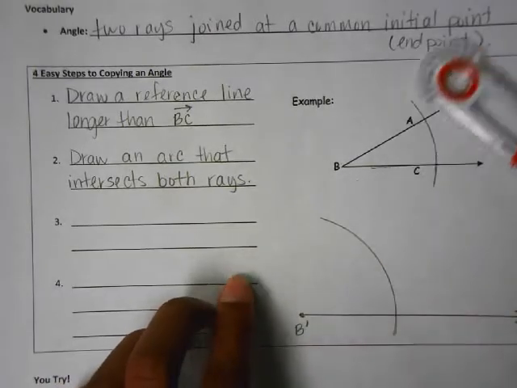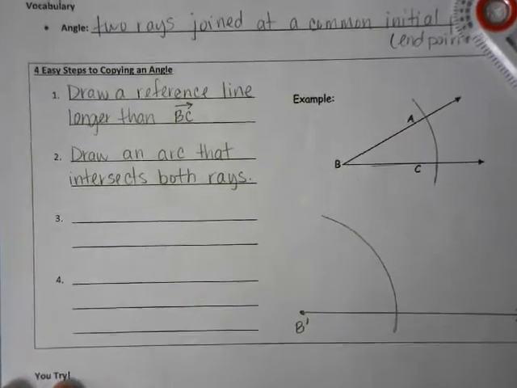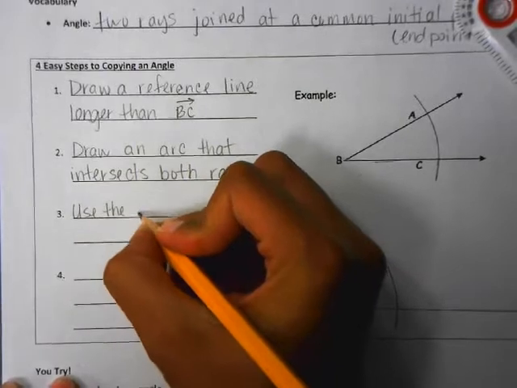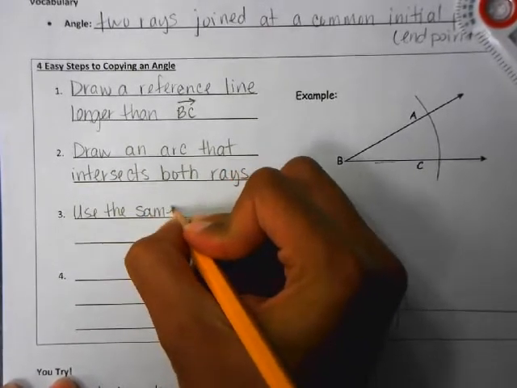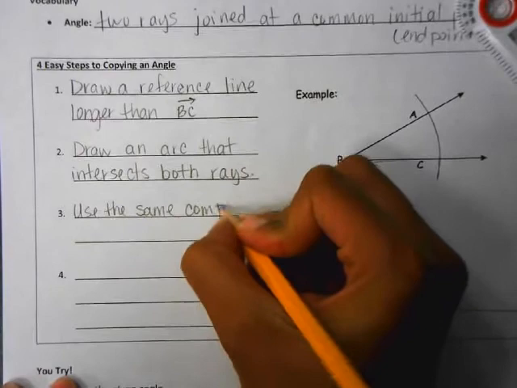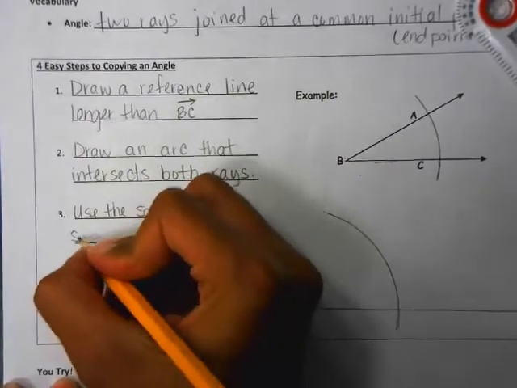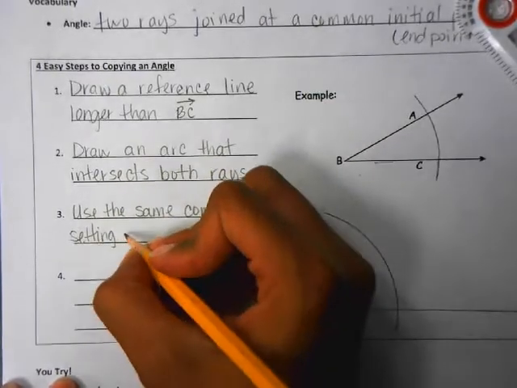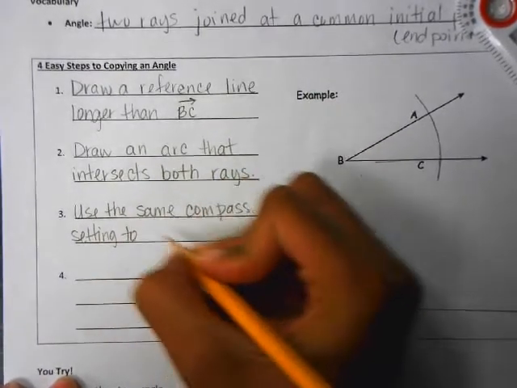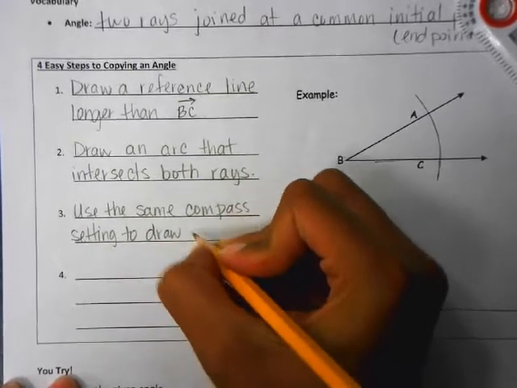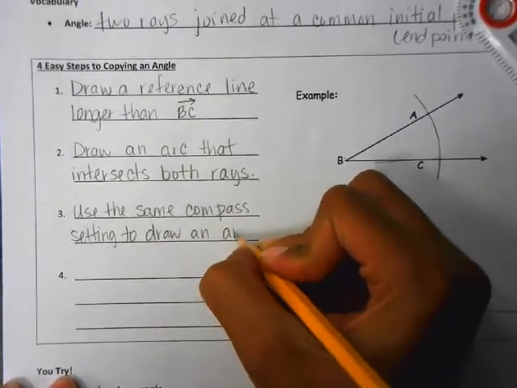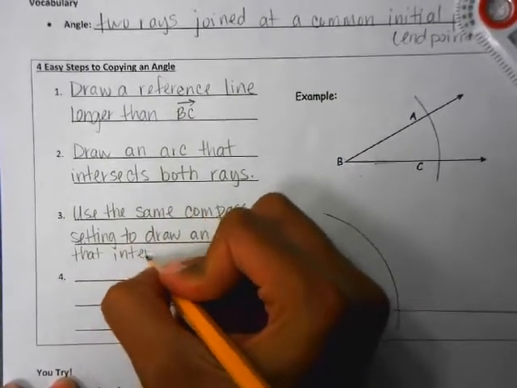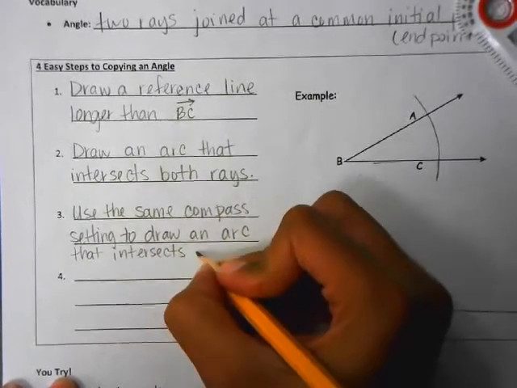Okay? So step 3 was to use the same compass setting to draw an arc that intersects your reference line.